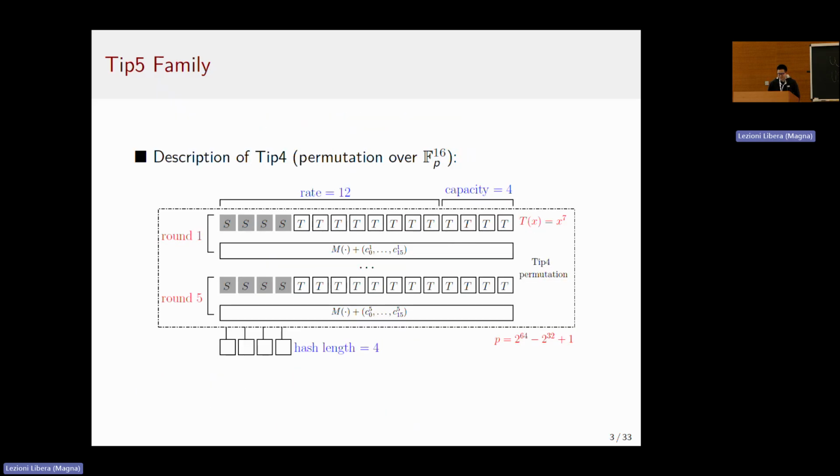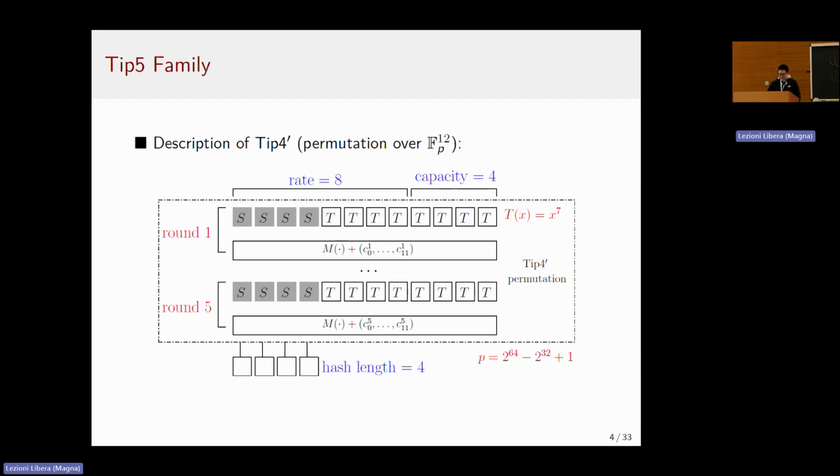The hash function Tip4 is based on the same permutation as Tip5, but the parameters for the sponge are changed. And Tip4 prime is again not the same permutation, because the state size is reduced from 16 to 12, and the parameters for the sponge are changed accordingly. But there is a common feature: in each round, there are 4 of these special S-boxes.